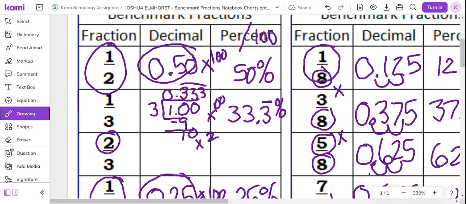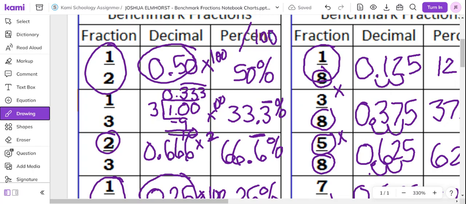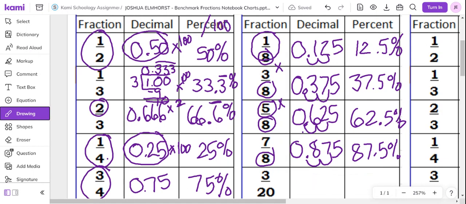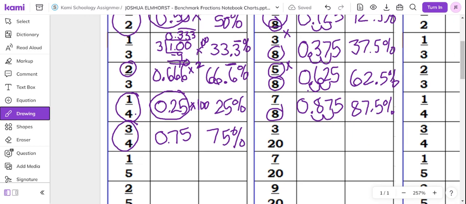Times 2. 1/3 is 33.3, and then 2/3 is going to be 66.6 repeating percent, or 0.666 repeating. So make sure you're adding this into your fractions chart.